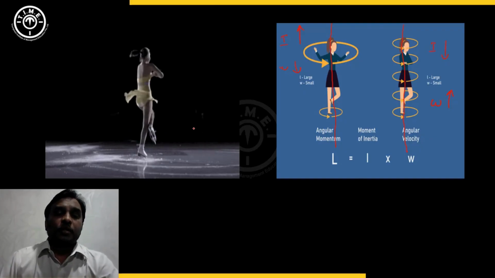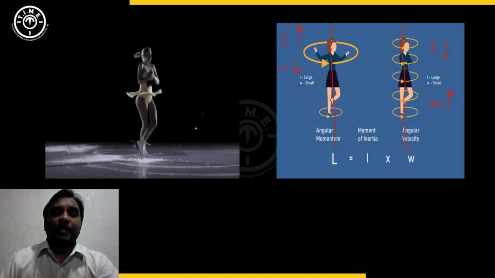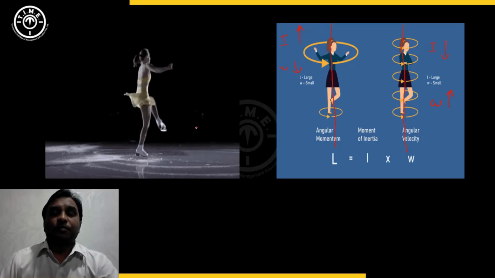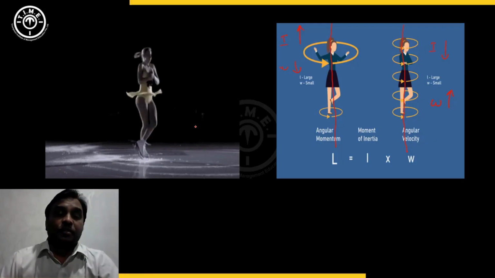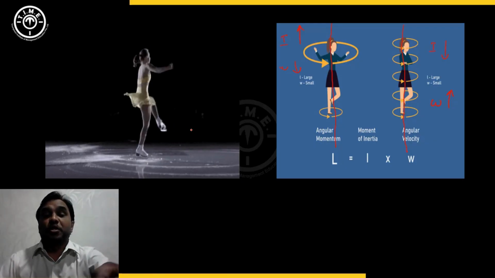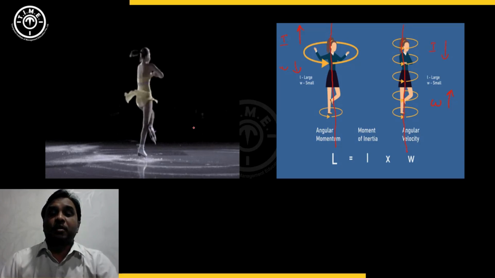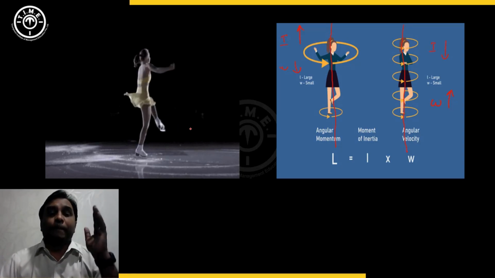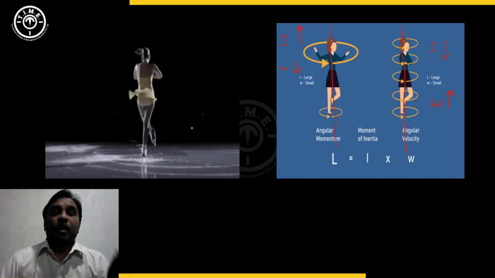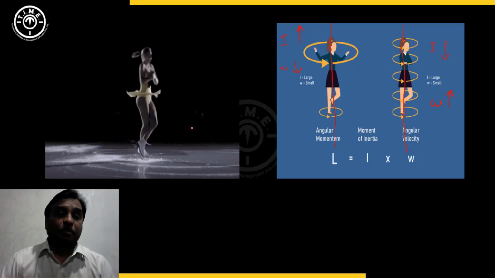In this video, see the moment she folds the hands about the axis of rotation, she can make more rotations. In the stretched position, look at it, the angular velocity reduced. This is one of the best applications of the law of conservation of angular momentum.